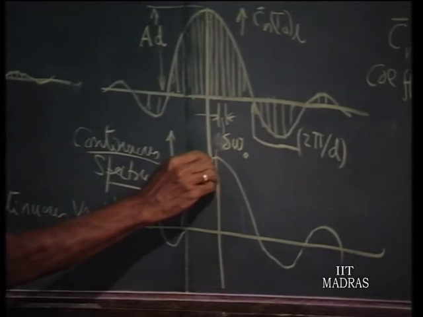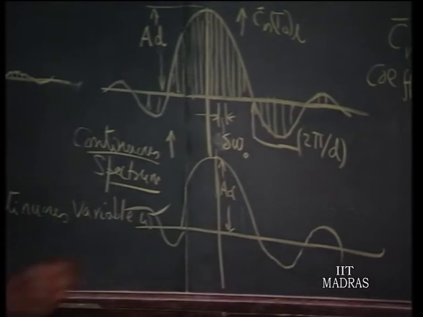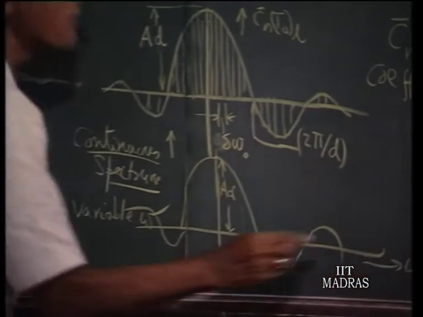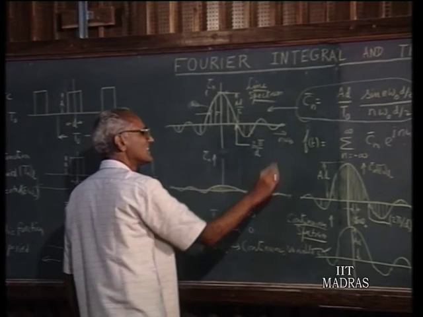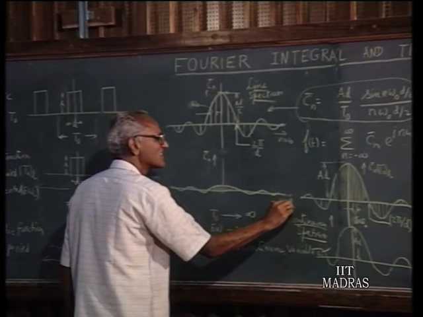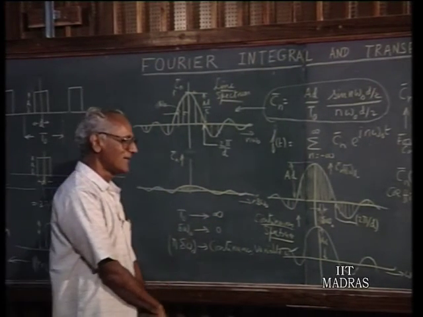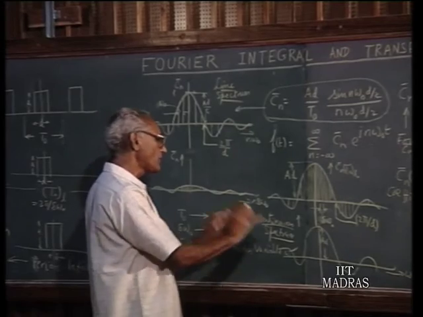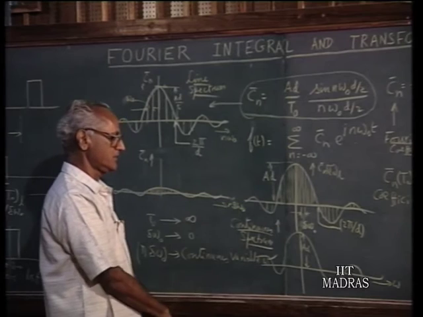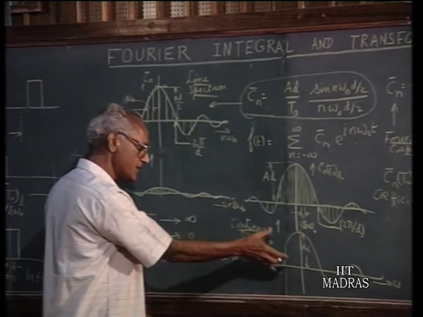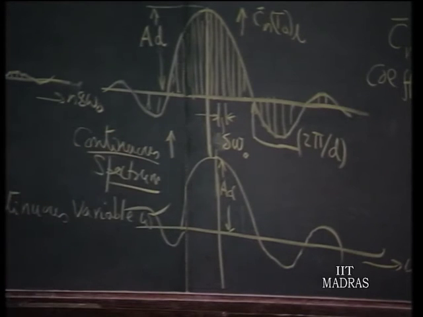And at DC value here it is A D, and the x axis is in terms of omega as before, everywhere it is omega. This is n omega naught, of course, here this is n delta omega naught, and here the running variable is omega. So, what we have here is an arrangement where you have every frequency present, but the coefficient density corresponding to each frequency is different, that is given by the spectrum.